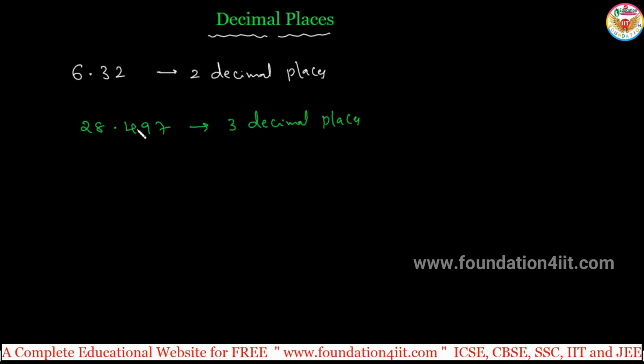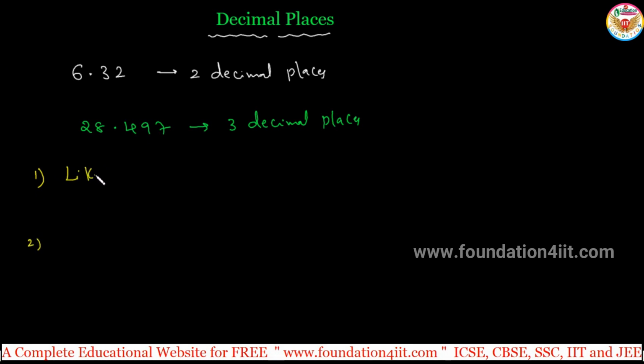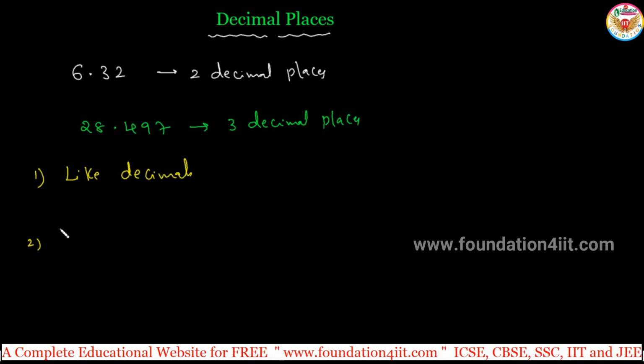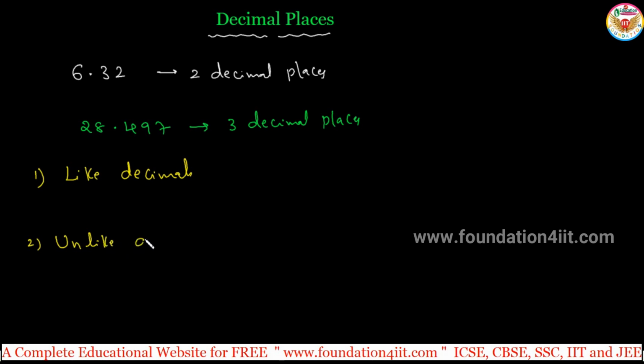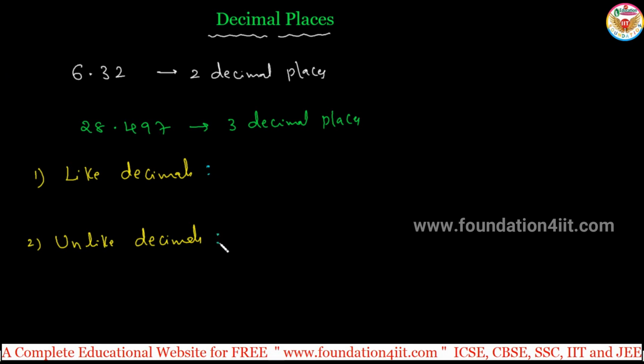Based on this, we have 2 types: like decimals and unlike decimals. Like decimals are those having the same number of decimal places.